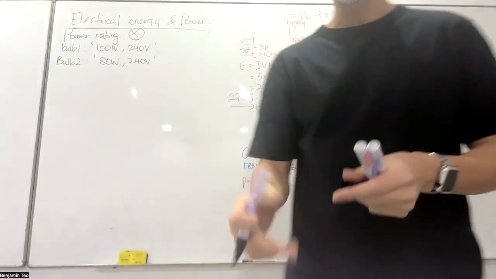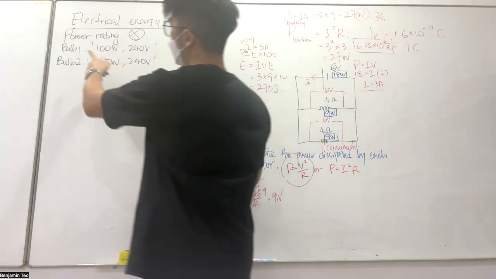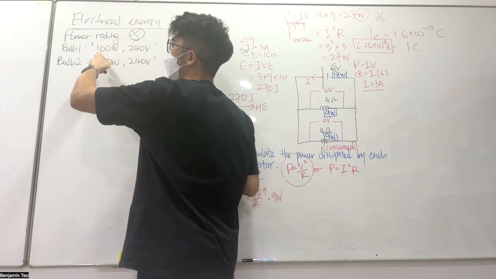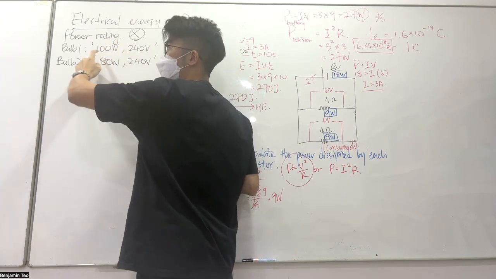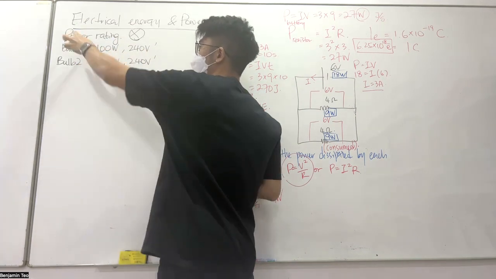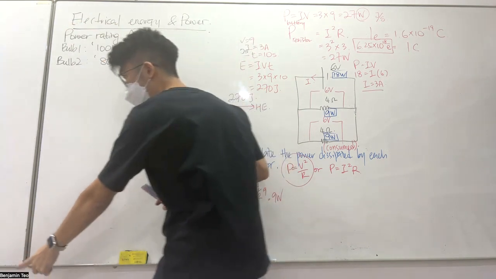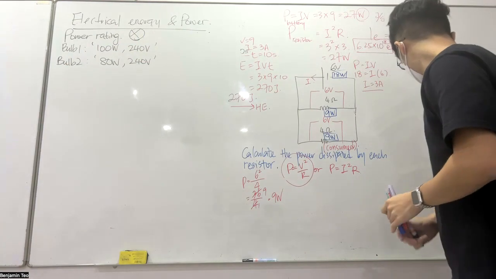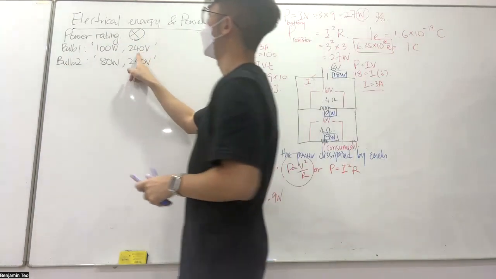That means if you connect this bulb to 240 voltage, it will operate at this power. If you connect bulb 1 to the main supply, our socket is always giving us 240.